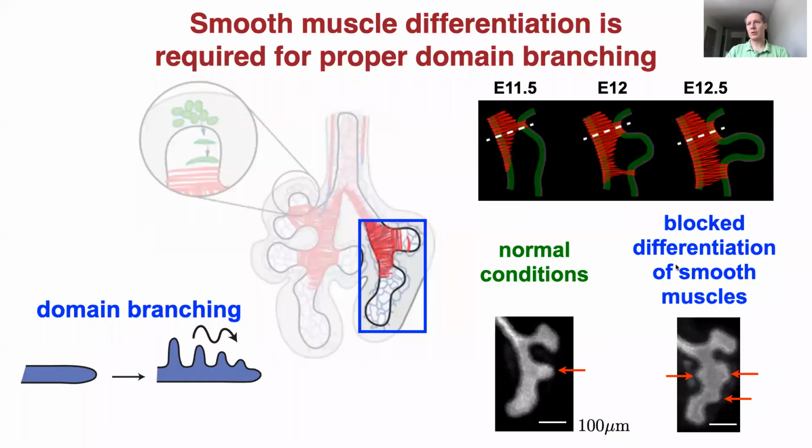So you see in both of these cases that formation of smooth muscles is important for proper development of new branches. Where these smooth muscles appear is related to the chemical signals coming from the mesenchyme that I mentioned earlier in the presentation.